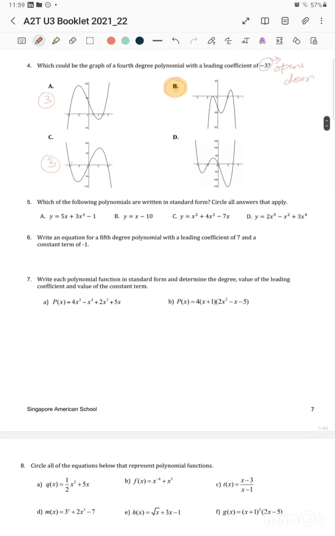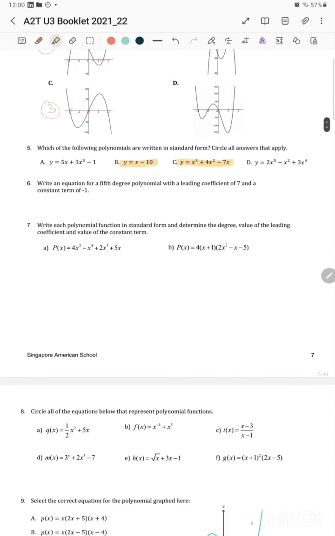Which of the following polynomials can be written in the standard form? Circle all answers that apply. Okay, write an equation for a 5th degree polynomial with a leading coefficient 7 and a constant term -1.